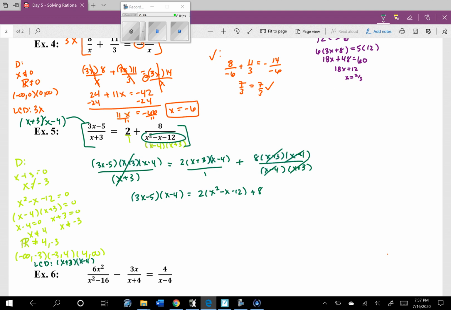In order to do that, I need to FOIL out (3x minus 5)(x minus 4). So this gives us 3x squared minus 12x minus 5x plus 20 is equal to, distribute here, 2x squared minus 2x minus 24 plus 8.